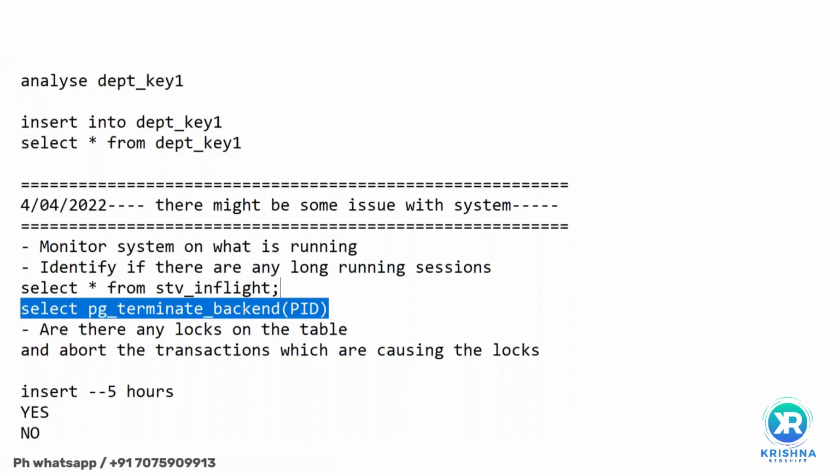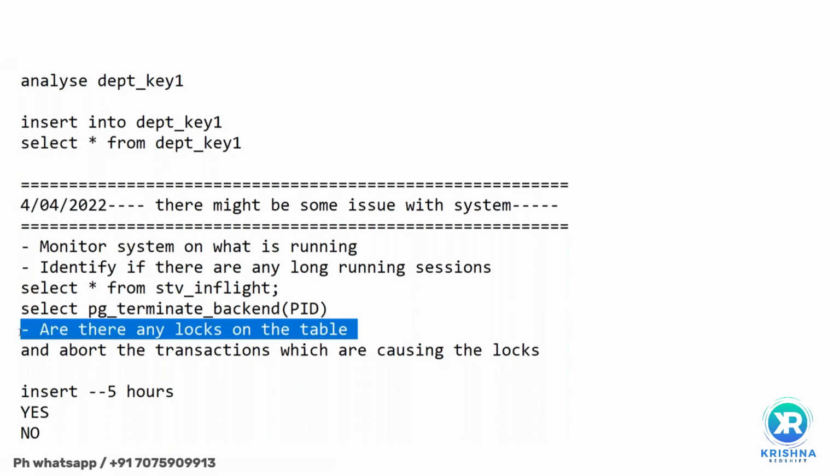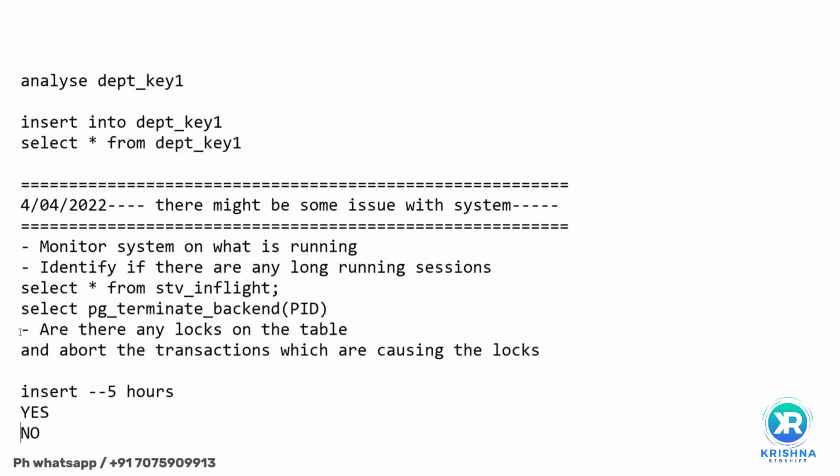They will not complete, they will be in a blocked state. So as soon as you abort this, other jobs will proceed. The next point is looking at locks. These locks also happen because of the long running job. As soon as you abort that long running job, the lock is released immediately, and other jobs will get the locks and complete.